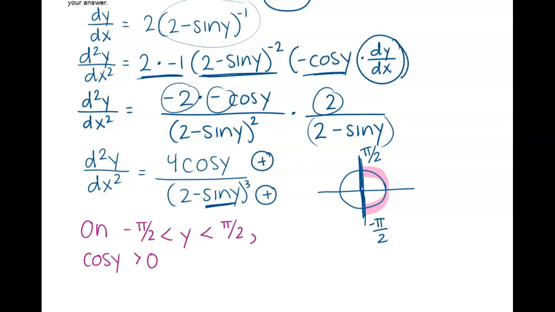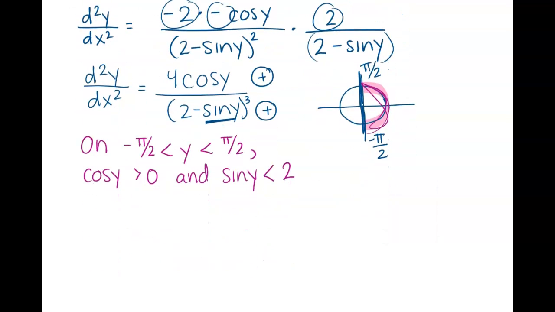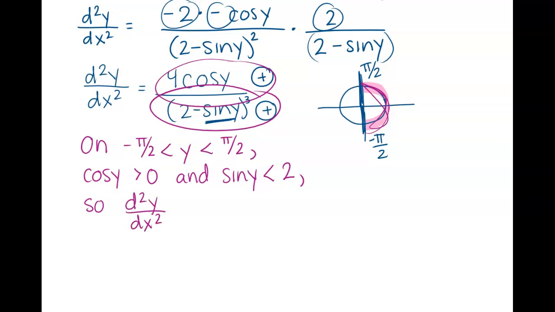Always positive, as we talked about, because the x values here are positive. And sine of y is less than 2, because again, it never goes above 1, meaning the numerator and the denominator are both positive. So the second derivative, d squared y over dx squared, is greater than 0 on that interval, and the curve is concave up.